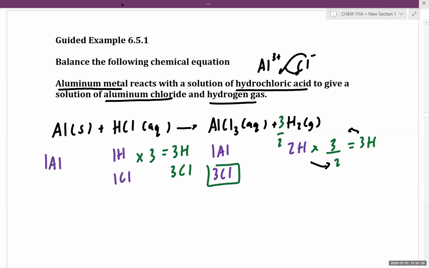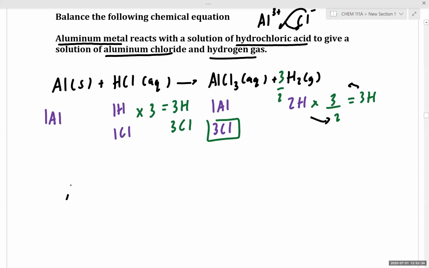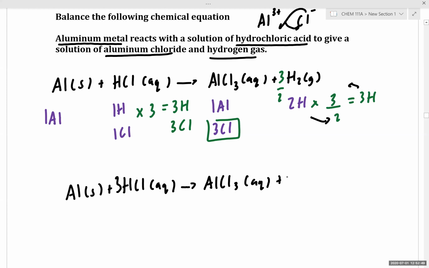Perfect. So rewriting our preliminary balanced equation, we have aluminum solid plus hydrochloric acid aqueous leads to aluminum chloride. So we have 3 hydrochloric acid molecules leads to aluminum chloride plus 3/2 H2 gas.